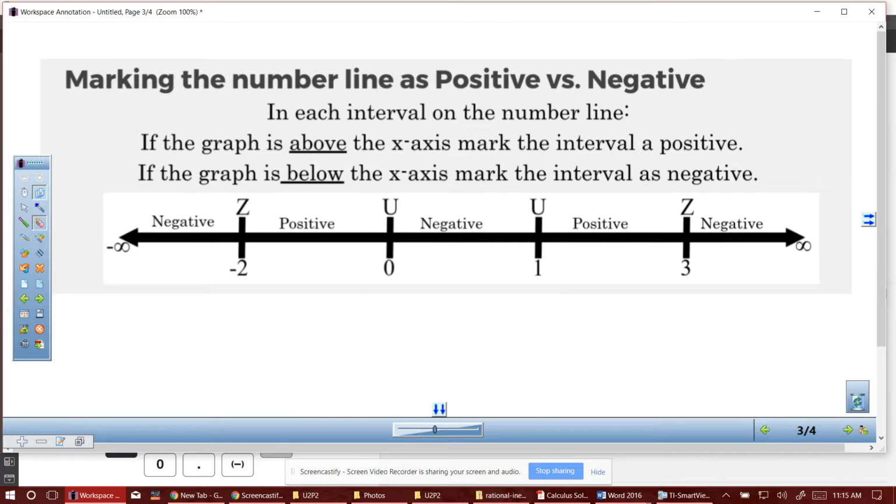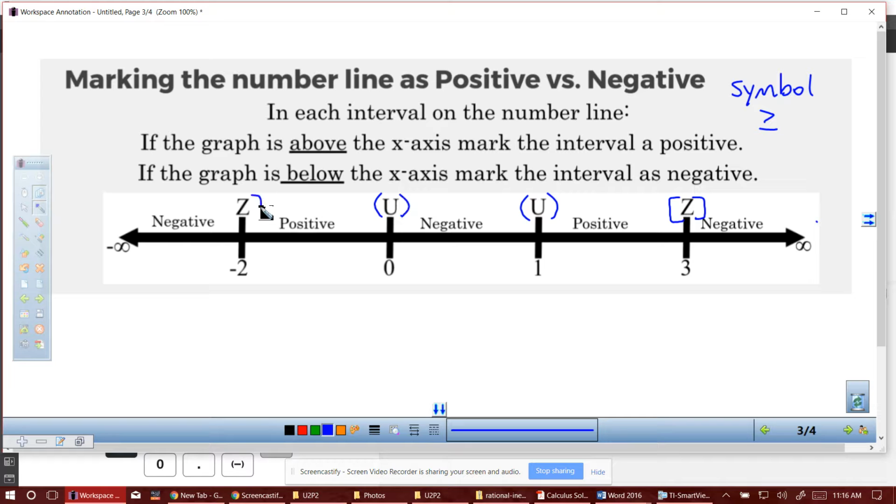So I'm going back to my number line, and I'm going to write down that our symbol was greater than or equal to. So the first thing I'm going to do is come in my z's and put square brackets around them. U's get parentheses. Z's can have square brackets because I have the equal to symbol. Now, that points to the right. So to the right is positive numbers.